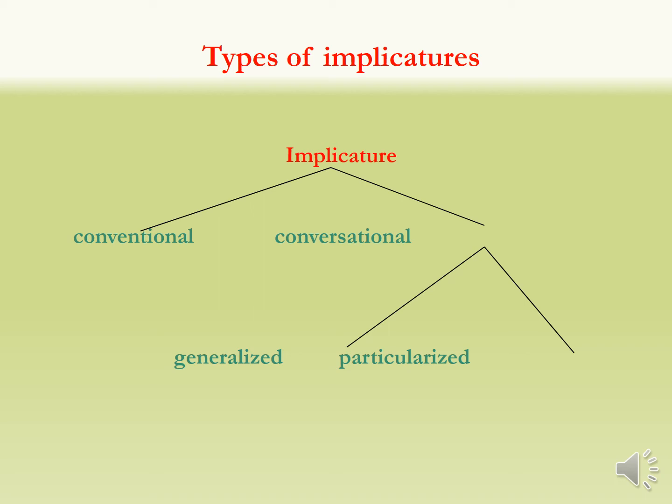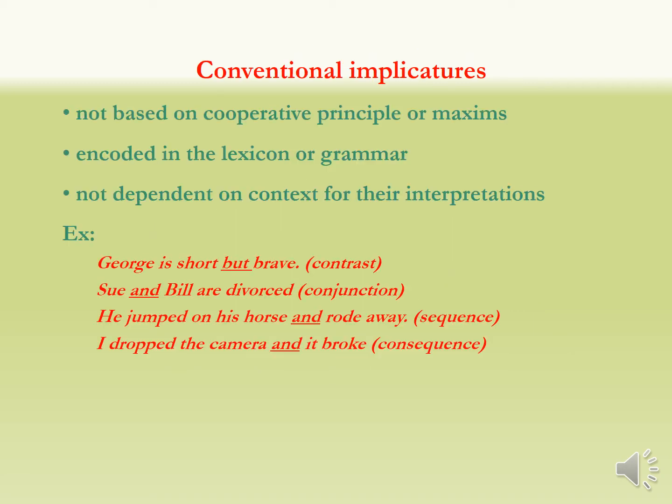We have four different aspects of implicature: first conventional, second conversational, third generalized, and fourth particularized implicature. Implication means we imply meaning from the actual meanings. We learned it in our previous lecture, but let's talk about the types of implicature.